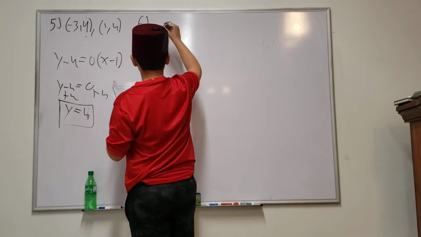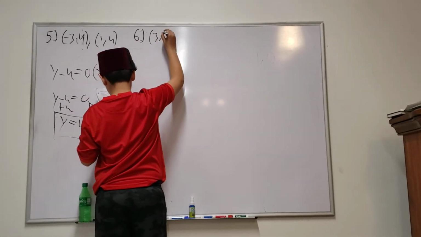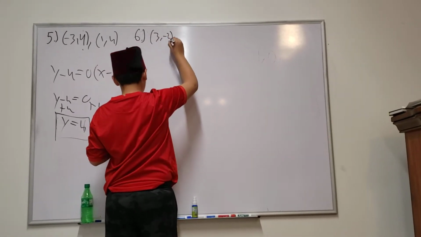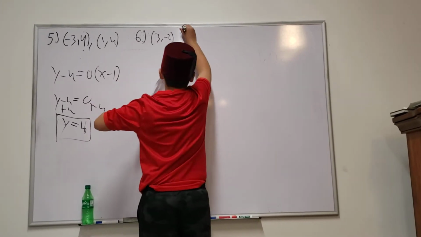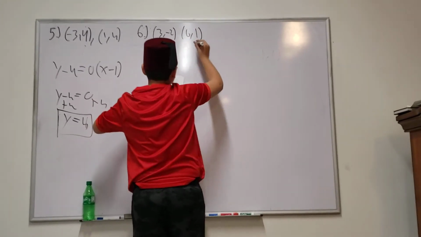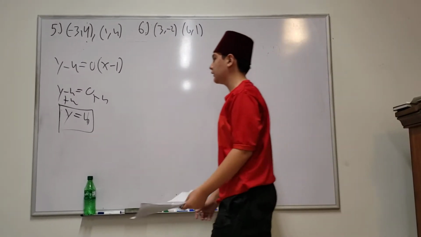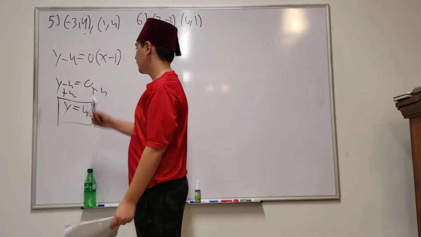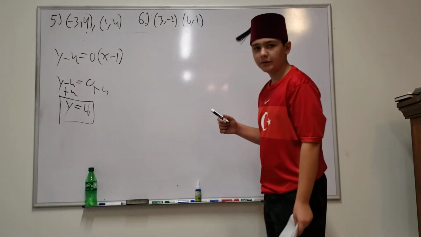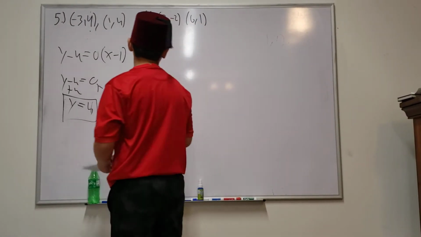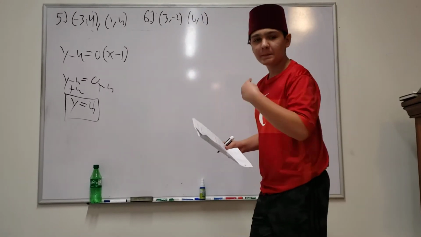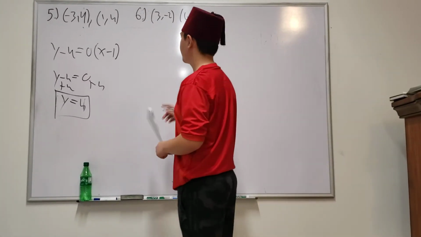Okay, number 6. Points are (3, -2) and (6, 1). Right? So in this case, the slope isn't 0 since we don't have the same y values. So now we're going to use our slope formula.